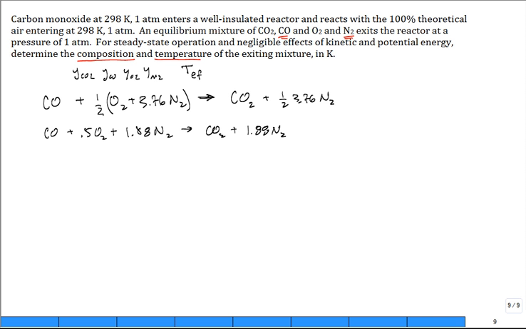But what we're going to have is dissociation of the products. That's like incomplete combustion, because the dissociation that's going to occur is for the CO2 component, and it's going to dissociate into CO and 1/2 O2, true?